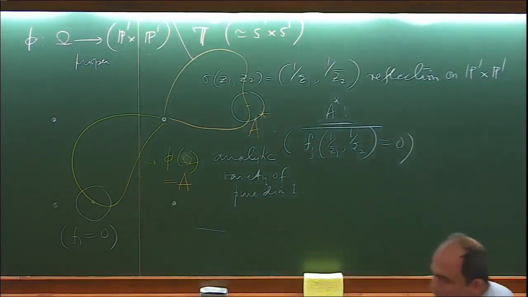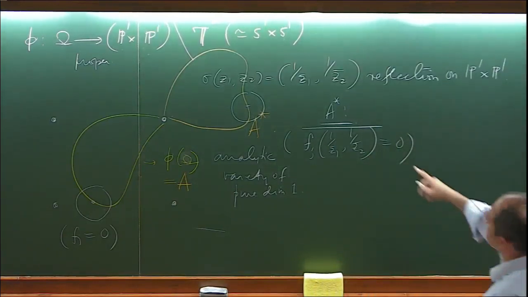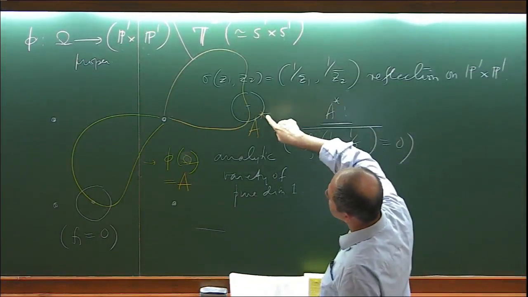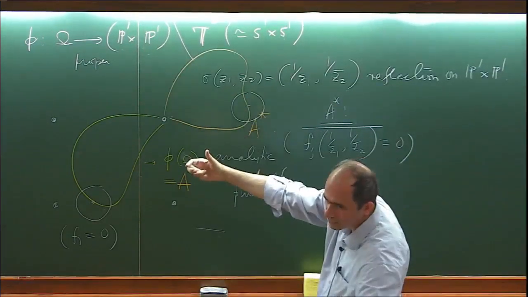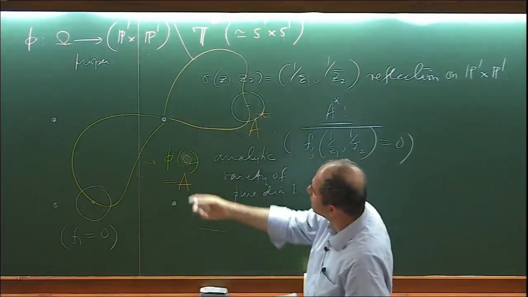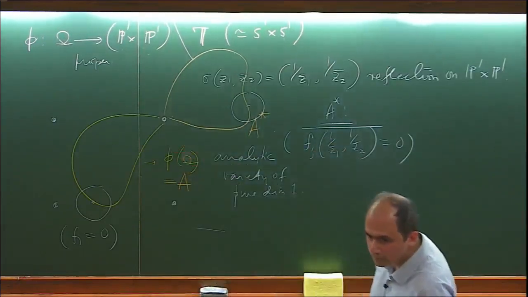That's the local description. So A star is also an analytic variety of pure dimension 1, just a mirror image, and both have boundary T2.